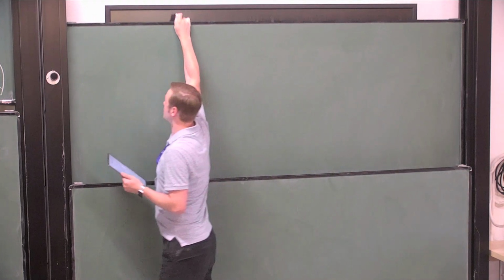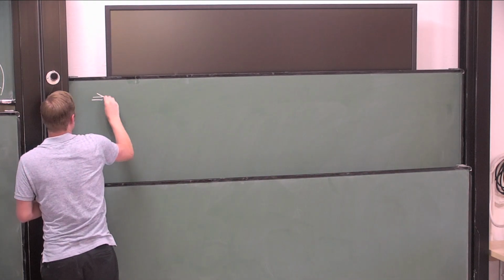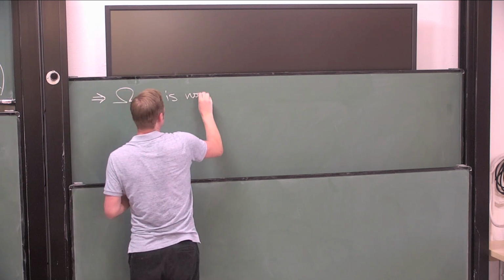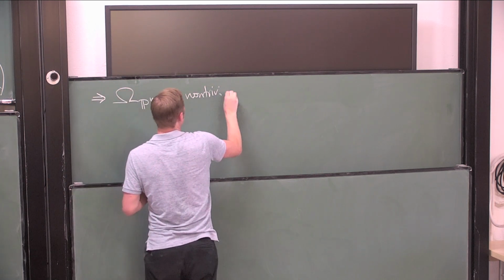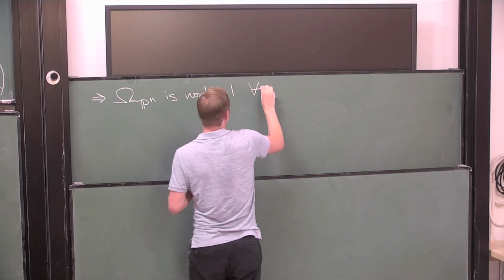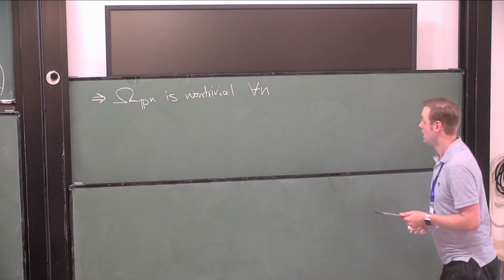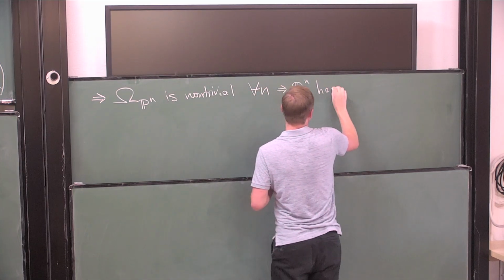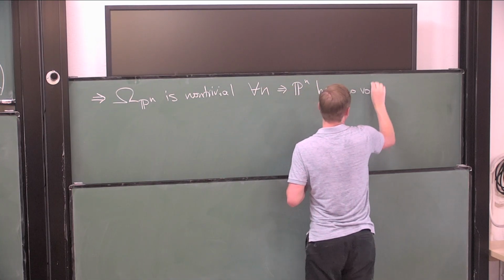Right, okay, so some conclusions. That means that O(P^n) is non-trivial for any n, which means P^n has no volume.